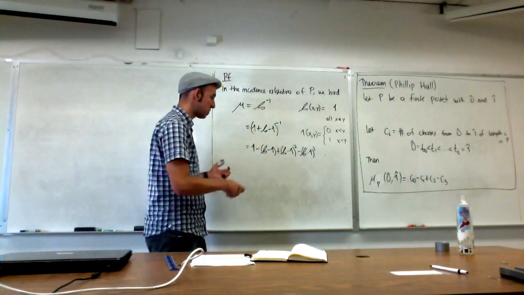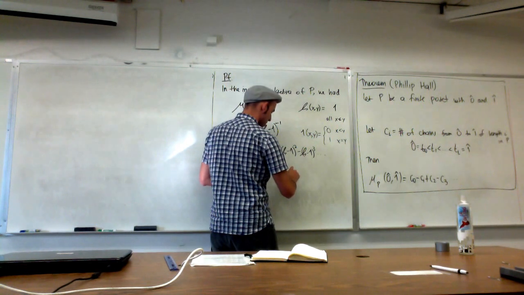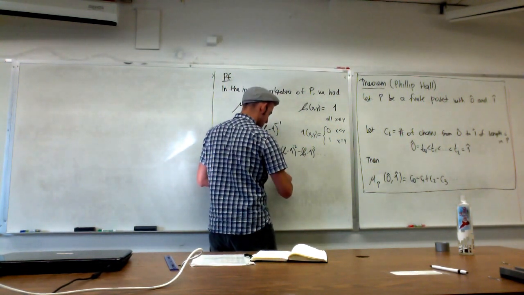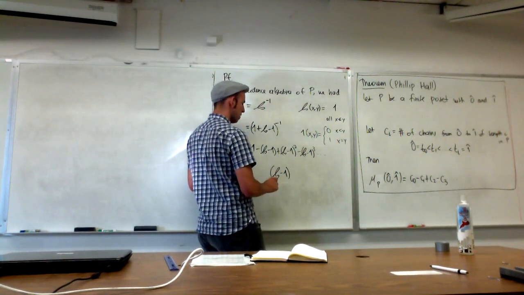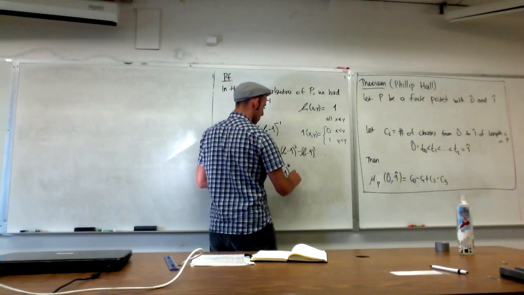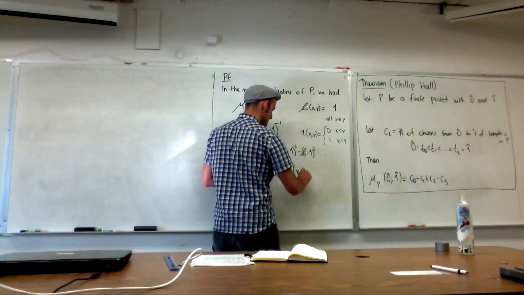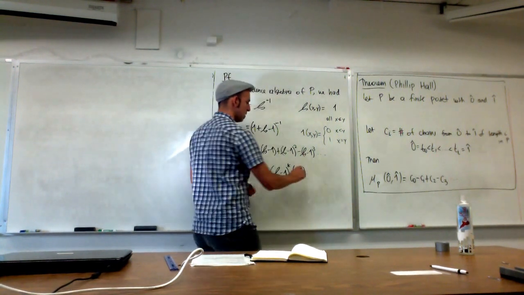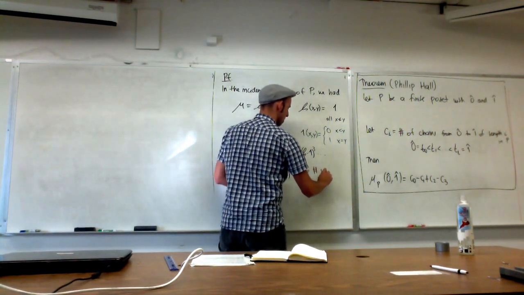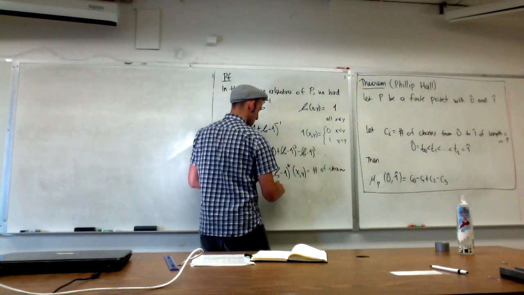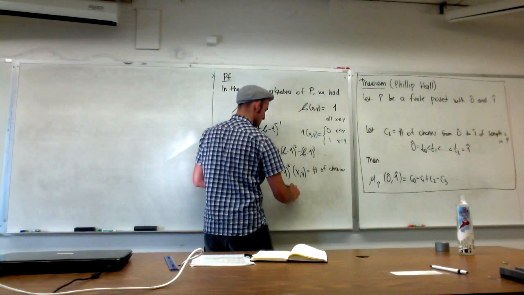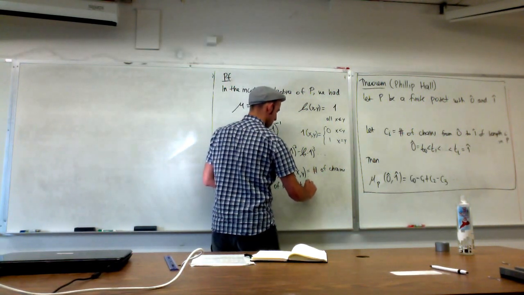The reason that's true is that we showed, and you'll have to go back to your notes to remind yourself of this, well, actually we can give another argument also. We showed that this is the number of chains of length k from x to y.